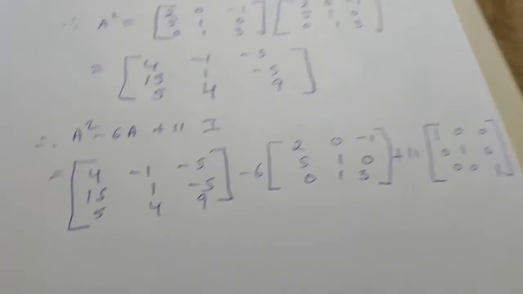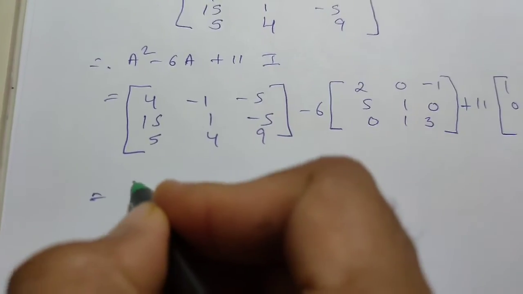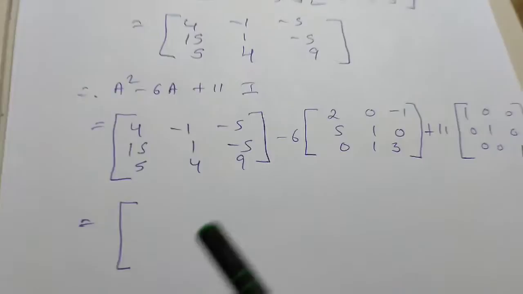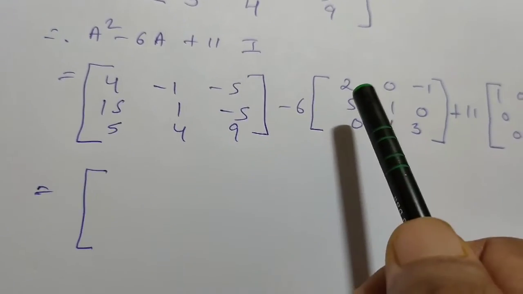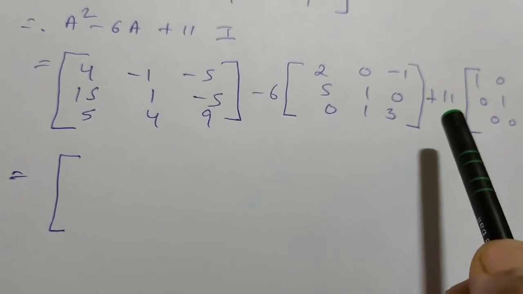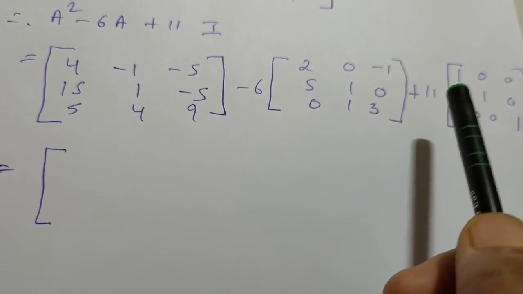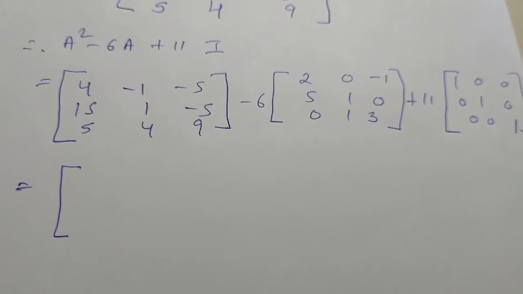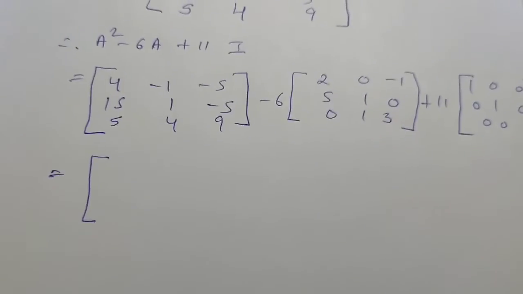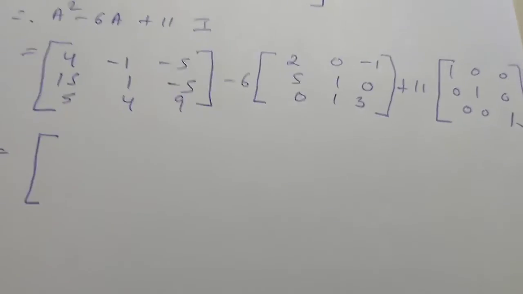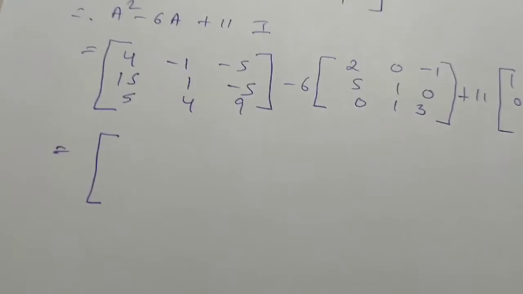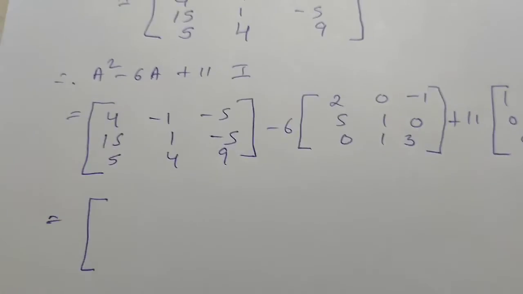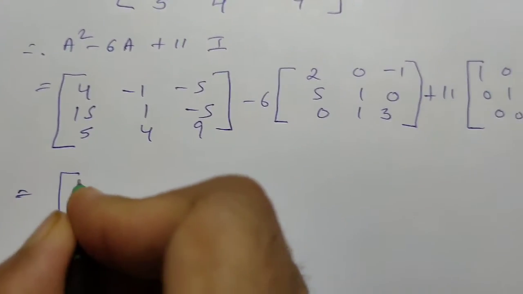Now we will do the total. So what we will get is 4 minus 6 into 2, minus 12, and plus 11 into 1, plus 11. So we will get 11 plus 4, that is 15. 15 minus 12 will give us 3.